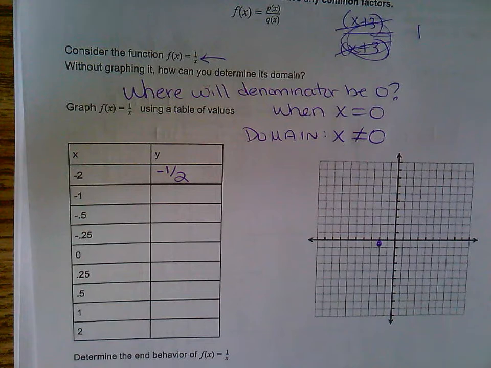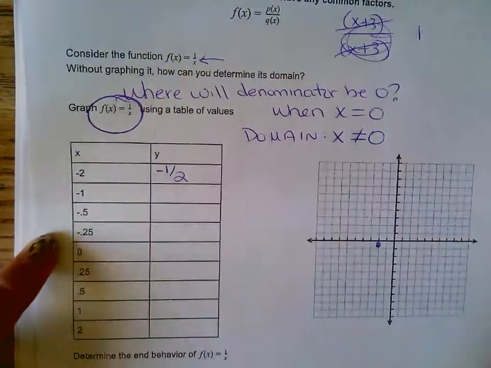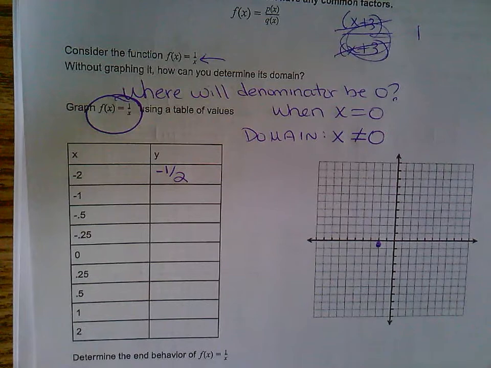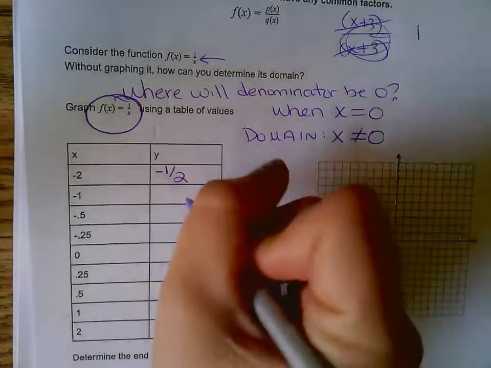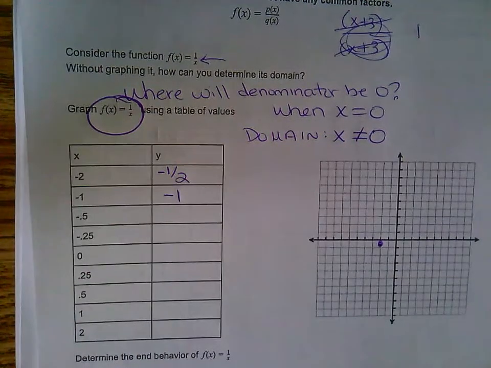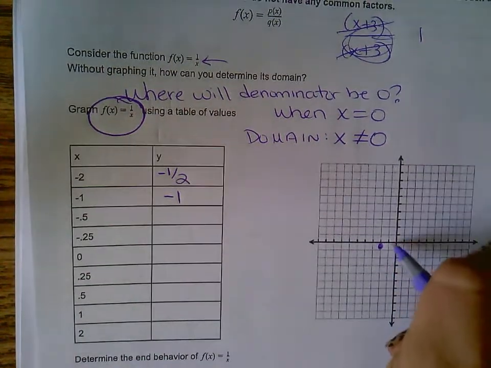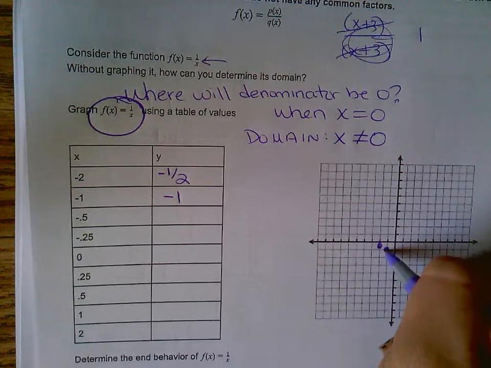What if I plug in -1? What is 1 divided by -1? Right, this is the function we're plugging the numbers into. 1 divided by -1 is -1, right? So -1, -1 would be here.